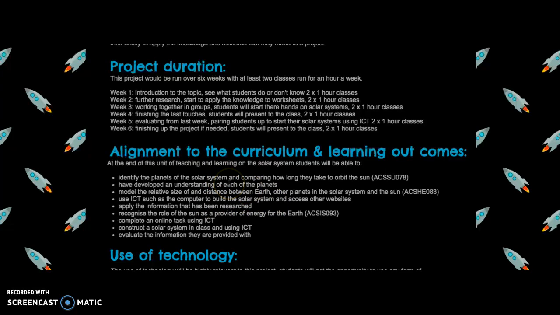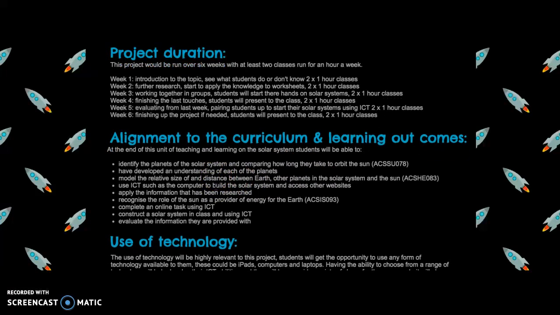Examples of these: students should be able to identify the planets of the solar system and compare how long they take to orbit around the sun. They should be able to complete an online task using ICT, which is technology, and another one is recognise the role of the sun as a provider of energy for Earth.